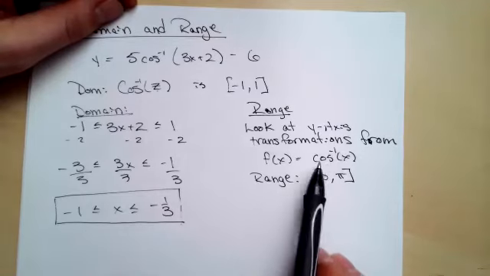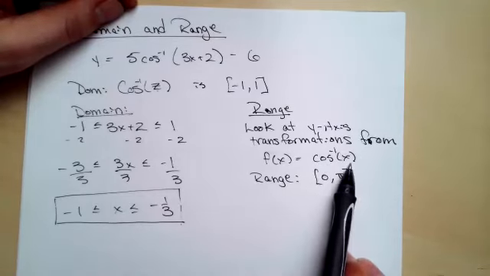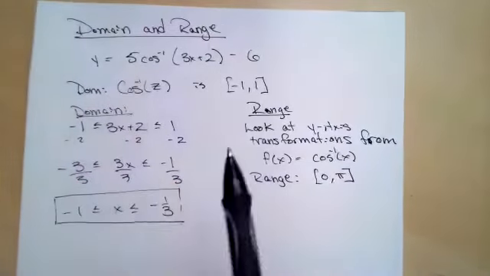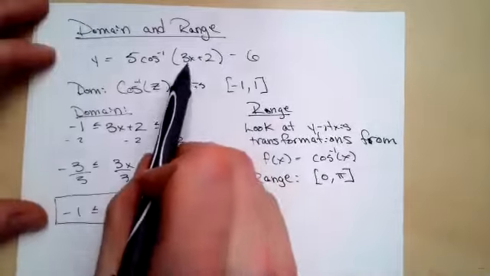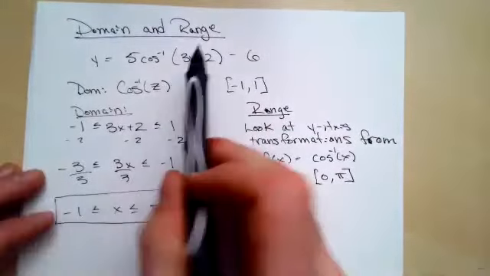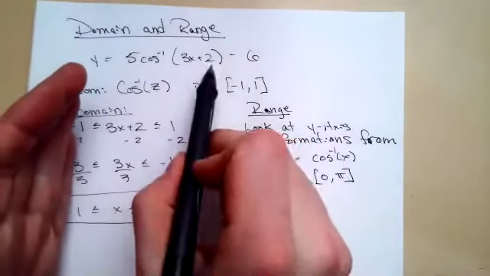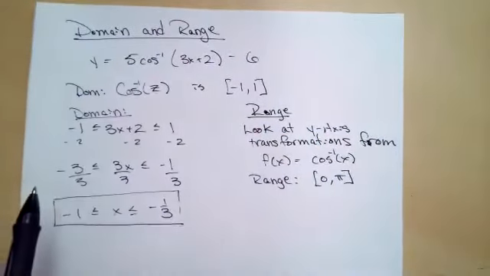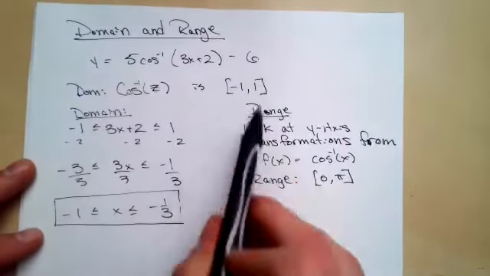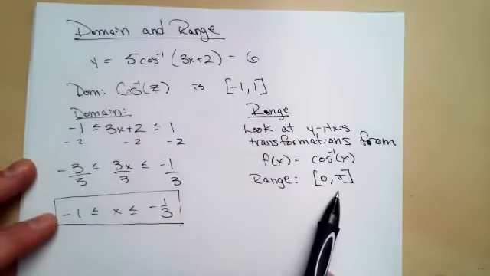And now we have to ask, what transformations am I applying from this function to get this one? And in particular, what are the y transformations? All of these, this 3x plus 2, remember, those are affecting the x-axis. The 3x is going to compress things, that plus 2 is going to shift things. It's this 5 and 6 that are going to change the y range.